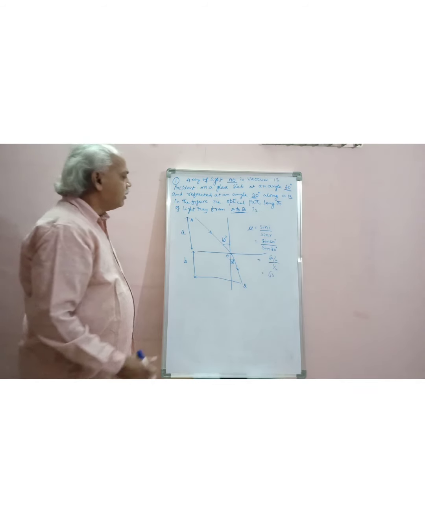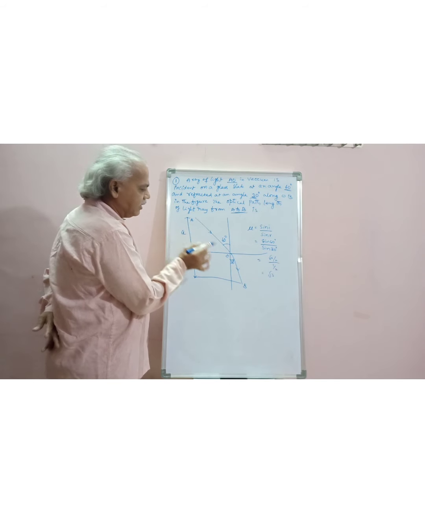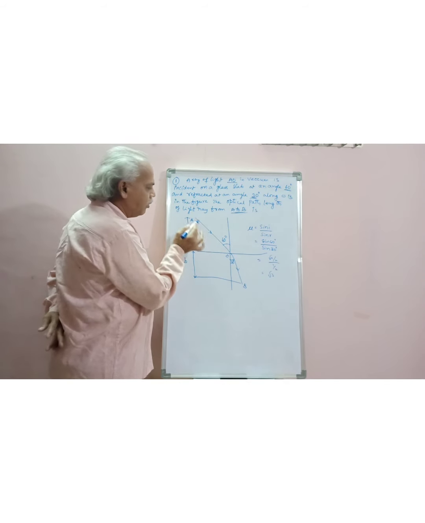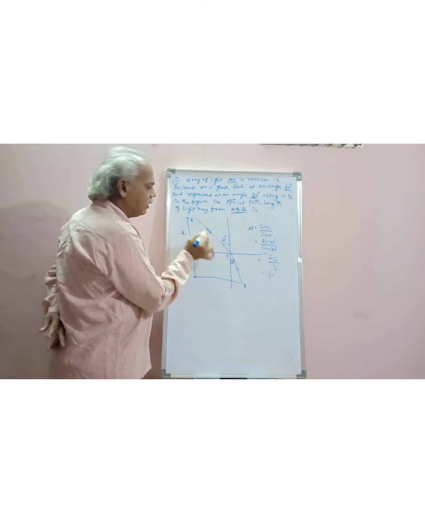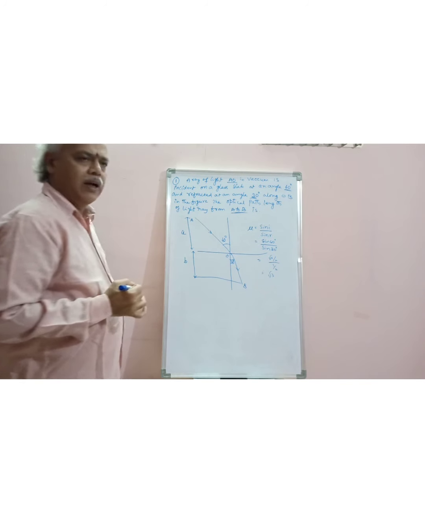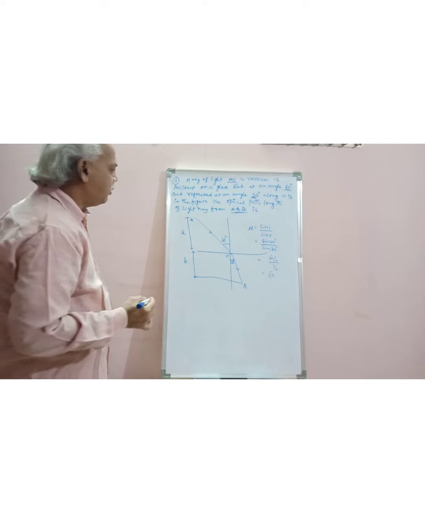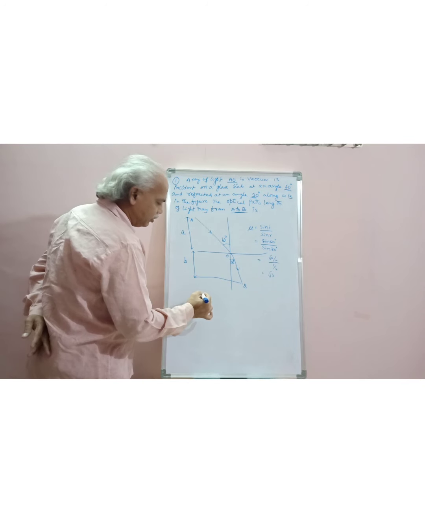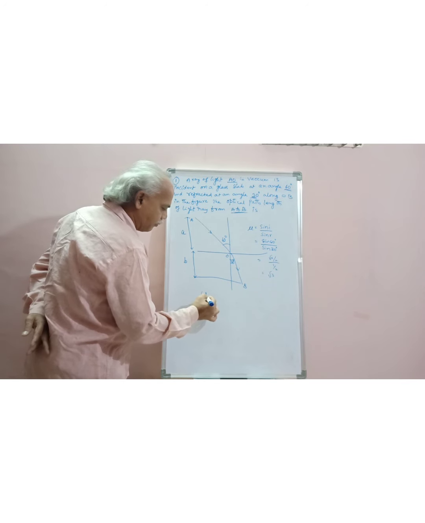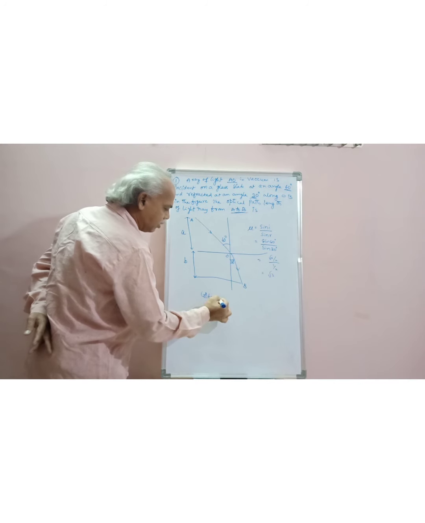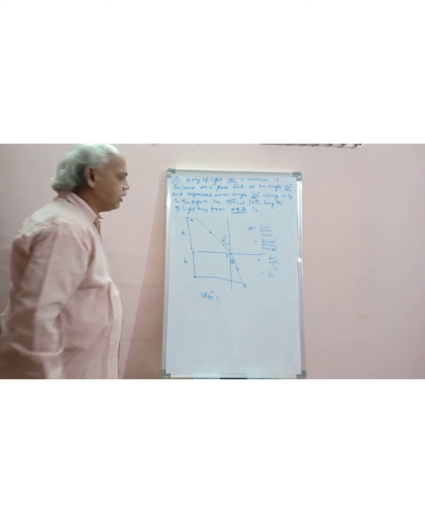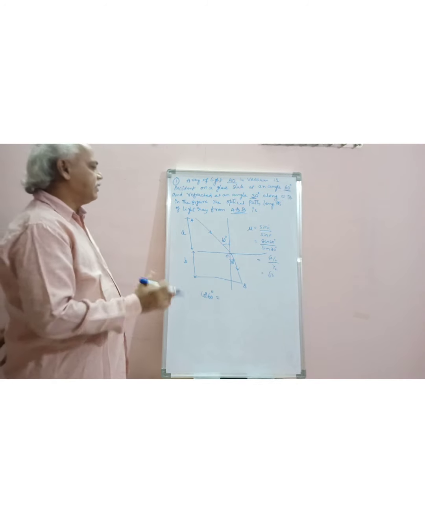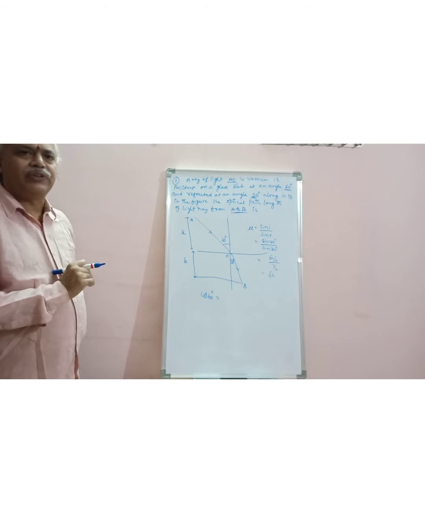Then what is the length of AO? How can we find this length OA or AO? Here you take cos 60. Cos 60 is nothing but adjacent side by hypotenuse.